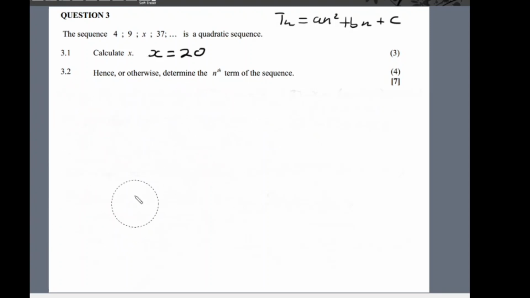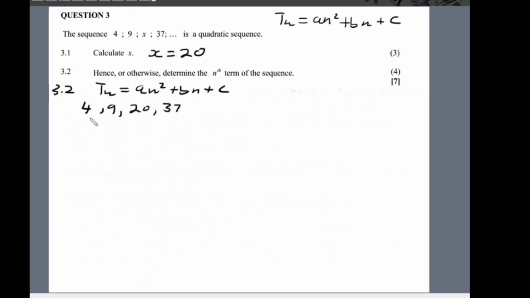Question 3.2 says calculate the nth term of the sequence, so they want the formula for Tn. Because this is a quadratic sequence, we know that Tn is in the form of an squared plus bn plus c. From our sequence, we have 4, 9, and then x, which we calculated to be 20, and then 37.